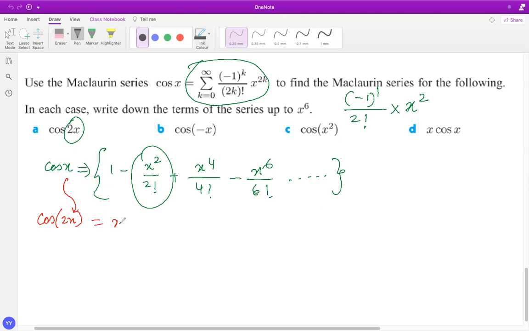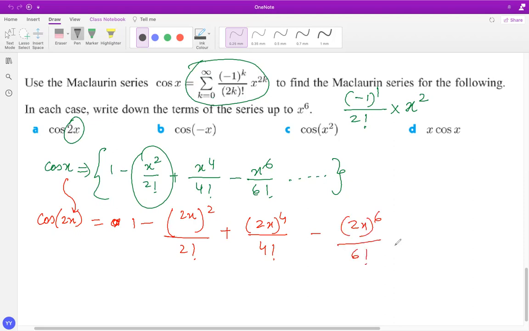So I'm just going to write down 1 minus, replacing x with 2x, 2x squared over 2 factorial plus 2x raised to 4 over 4 factorial minus 2x to the power 6 over 6 factorial, and so on. This is how you find the Maclaurin series for cos 2x, and if you wish, you can simplify it.